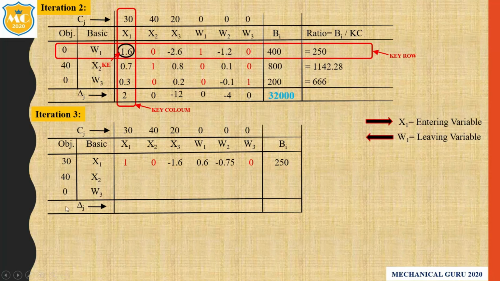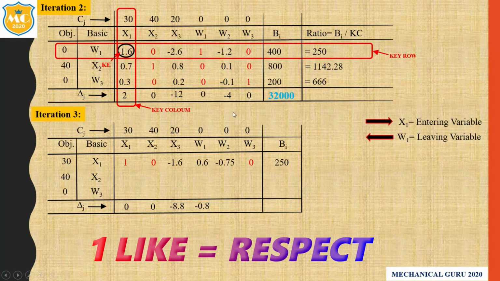So here the value is 0, here also 0, here we get minus 8.8, minus 0.8, minus 1.4 and here 0. So all the delta j values are 0 or negative, hence our problem is optimal, which means our solution is optimal.